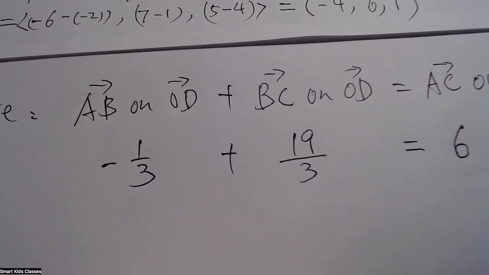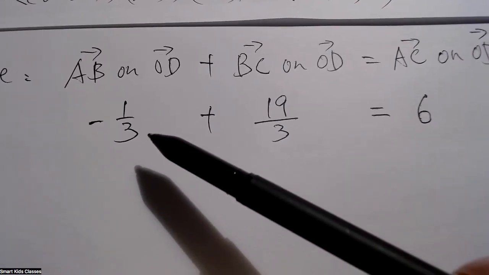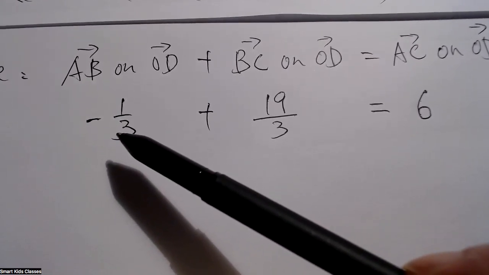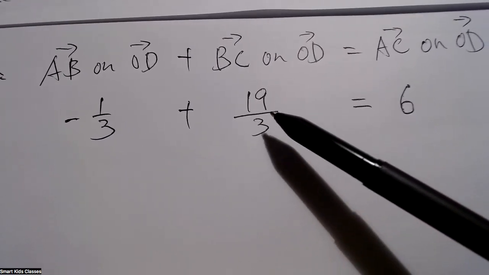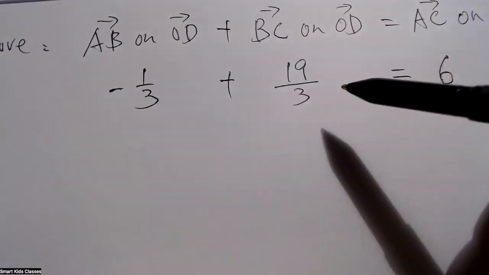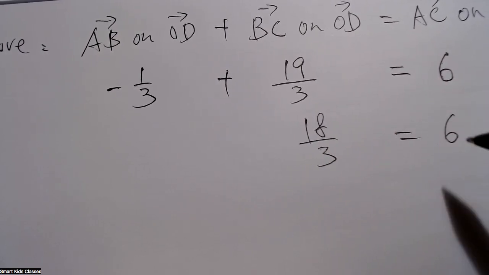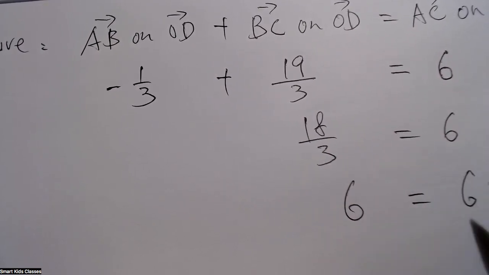So we directly write the formula the question asking to prove. The first part is -1/3 plus 19/3 is equal to 6. Yes, it is. When you combine, that's 18/3, which equals 6, and 6 equals 6.